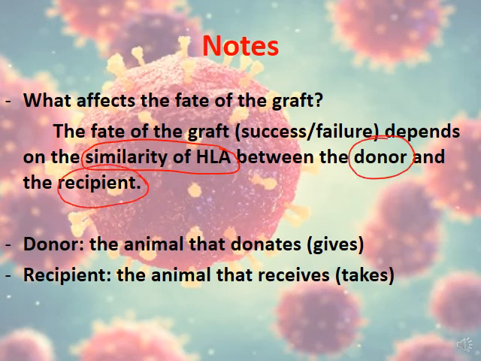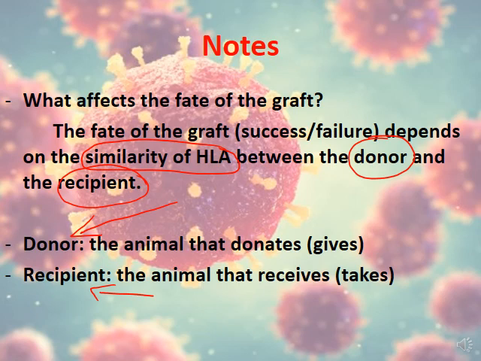What is the meaning of a donor? It is the one that donates. So let's say, for example, I want to donate a kidney to Mr. Ali. I am the one who's going to donate, so I am the donor. Mr. Ali will receive this kidney, so we call Mr. Ali the recipient. This is mostly done on animals.